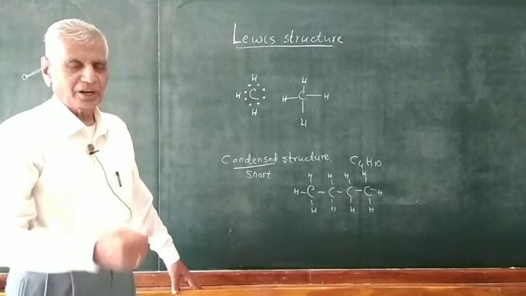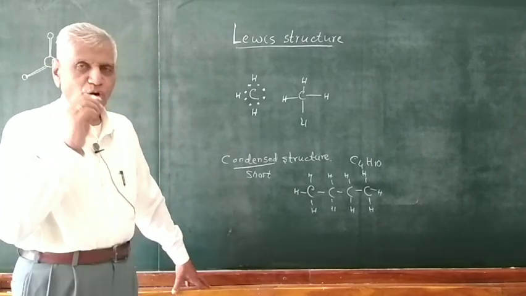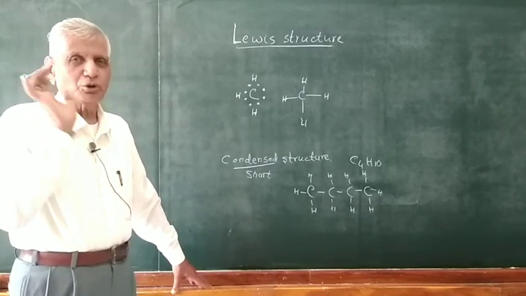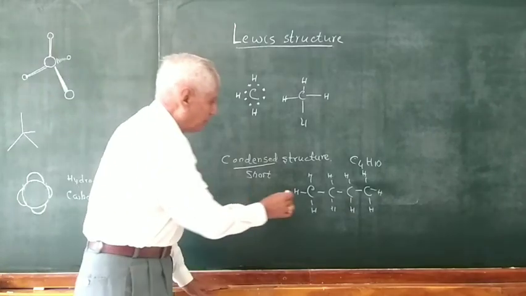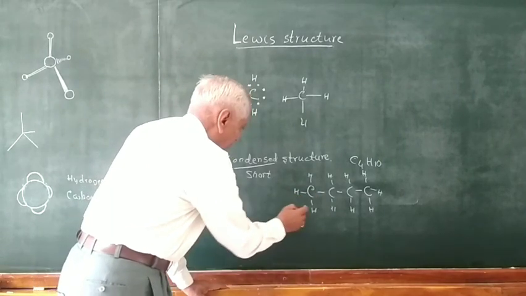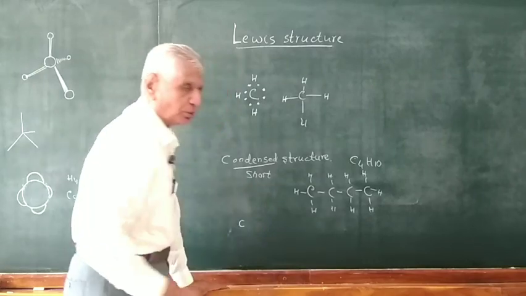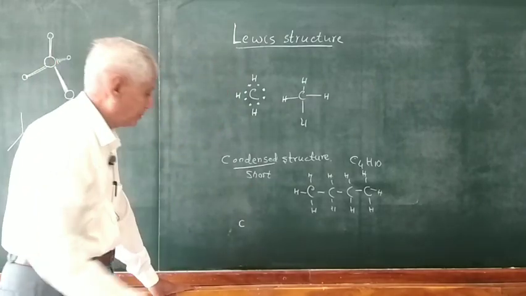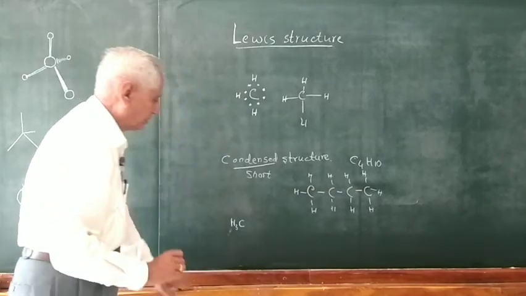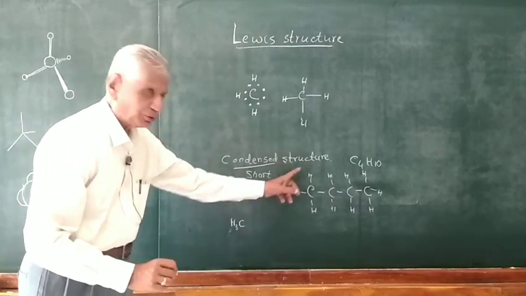Condensed structure. In the condensed structure, you are not writing the bonds. Only the elements have to be written. Now here the element is carbon, and this carbon is connected to 3 hydrogens. So don't write bonds there, simply write hydrogen. How? CH3. That means this carbon is linked to 3 hydrogens.